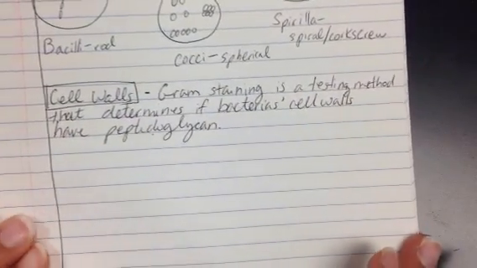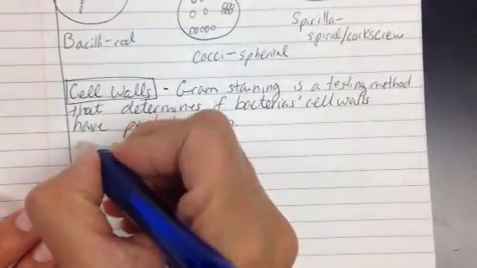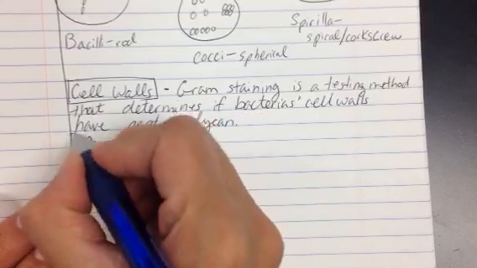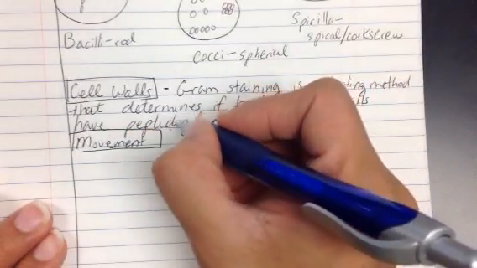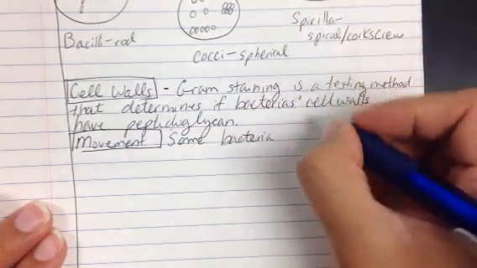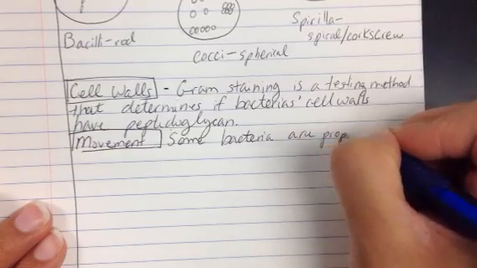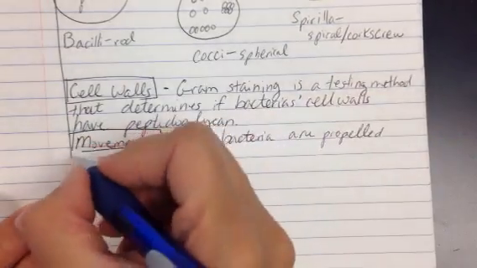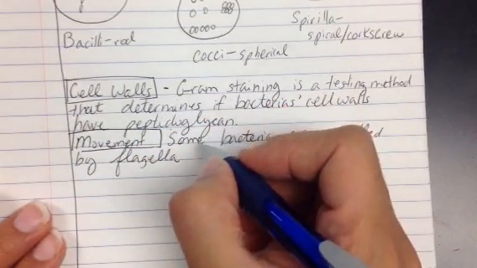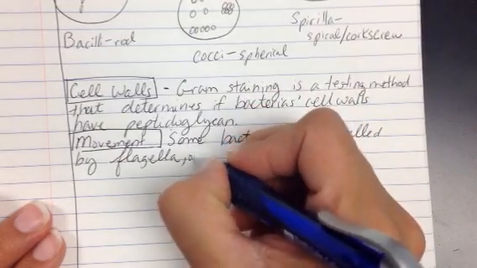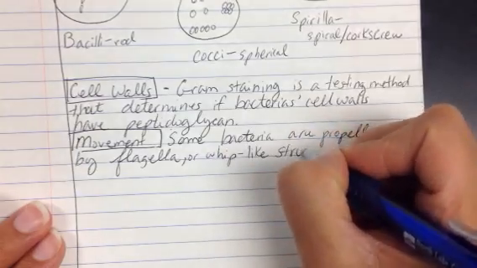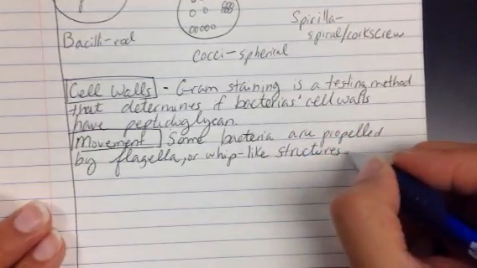We also classify bacteria based on whether or not they have movement or what type of movement they have. Some bacteria are propelled or moved forward by flagella. And flagella are whip-like structures. They kind of look like little tails.